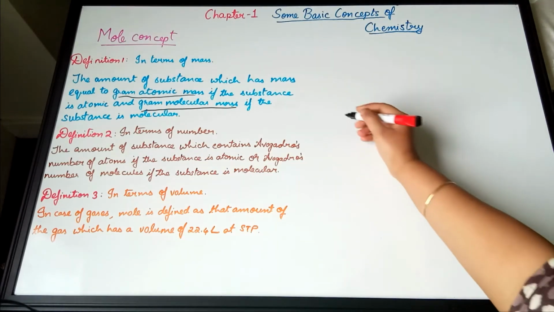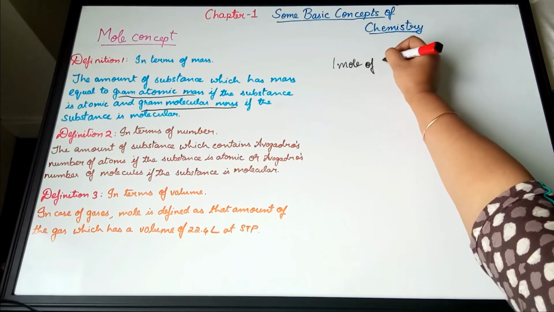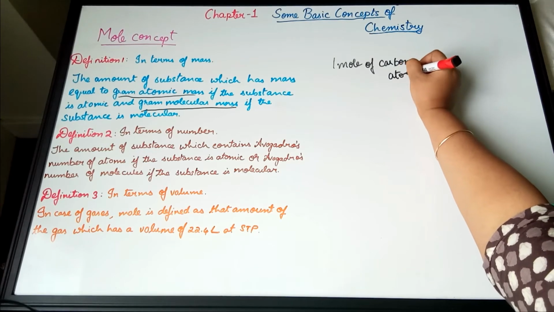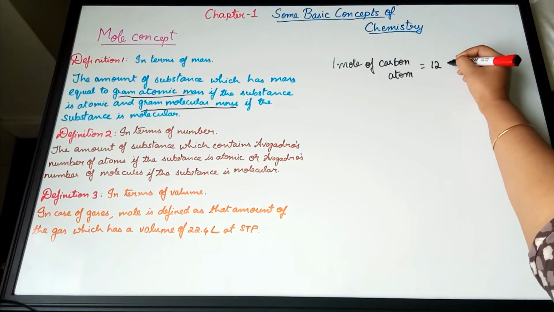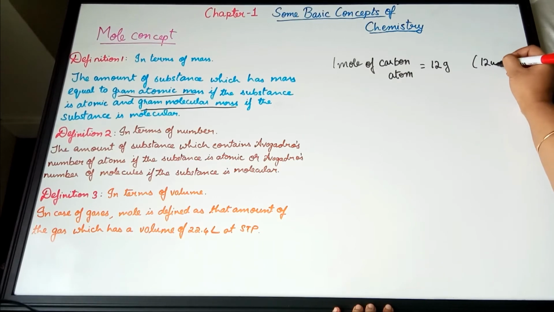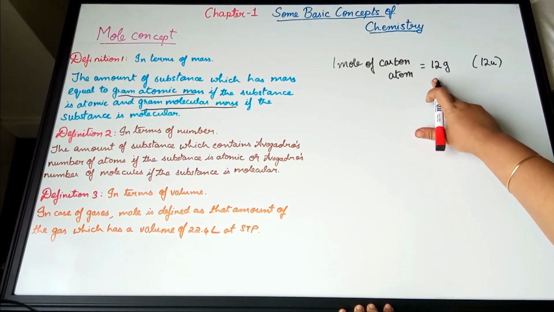This basically means that 1 mole of carbon atoms equals 12 grams. Here the atomic mass of carbon atom is 12 u, and gram atomic mass of carbon would be 12 grams.